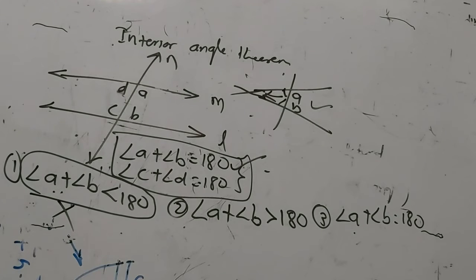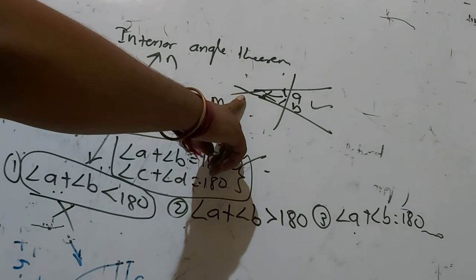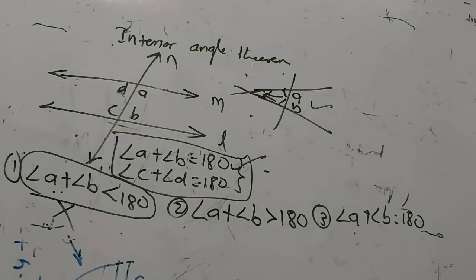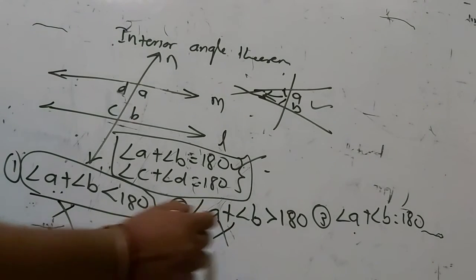Again, it is not possible. It is intersecting lines, but the given information is that the two lines are parallel. Then how is it possible? So the second one is also impossible.